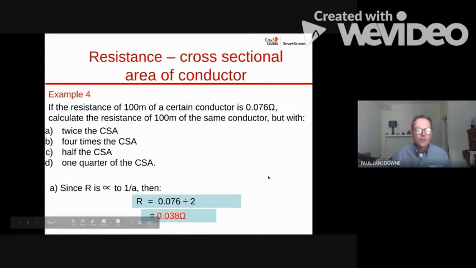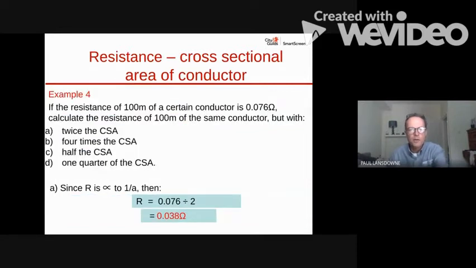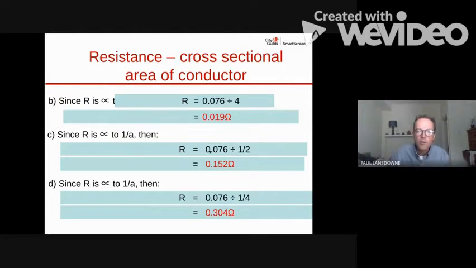Twice the area, we halve it and we get 0.038. With 4 times the cable, we would divide it by 4, so it goes down even greater. For C, we're halving the cross-sectional area, so we're making the cable smaller.